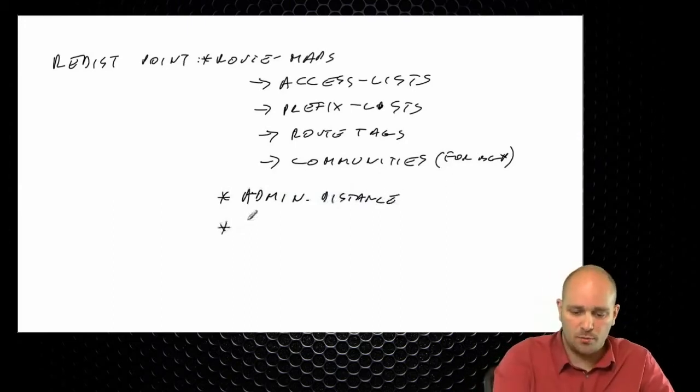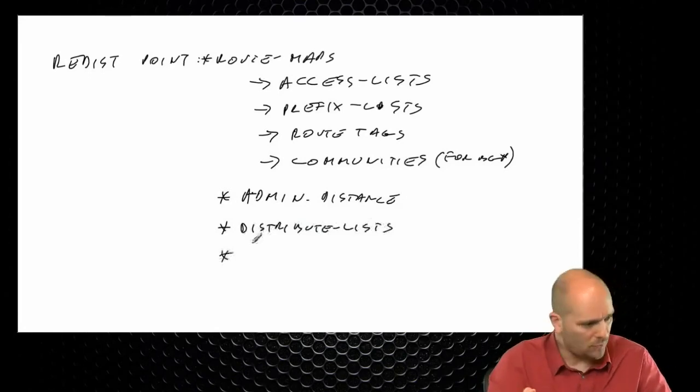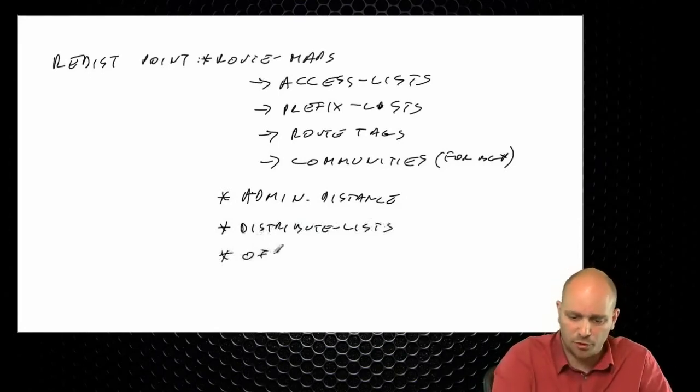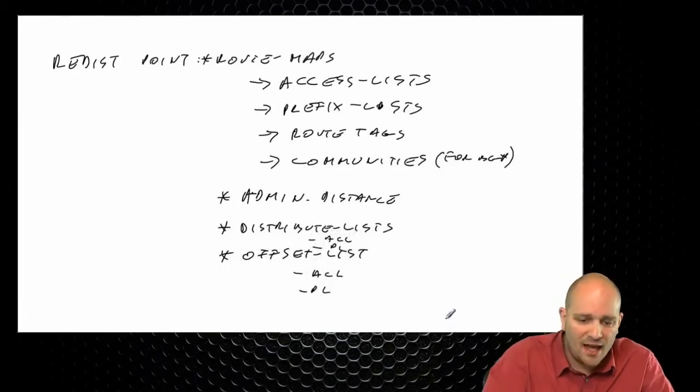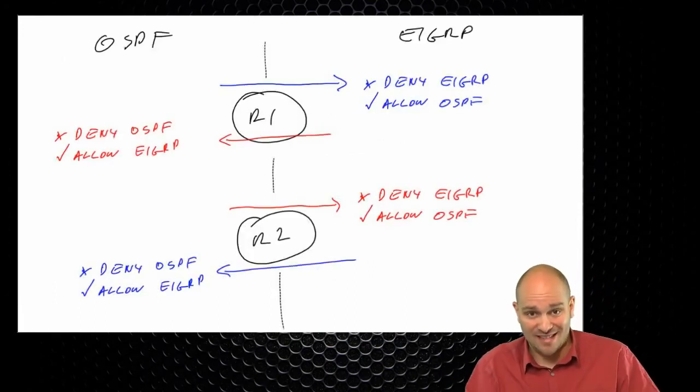I can use maybe even distribute lists. I can use offset list for protocols that support it. So this would actually require me to use ACLs or prefix lists. So I can have many different methods how I can actually make this happen.